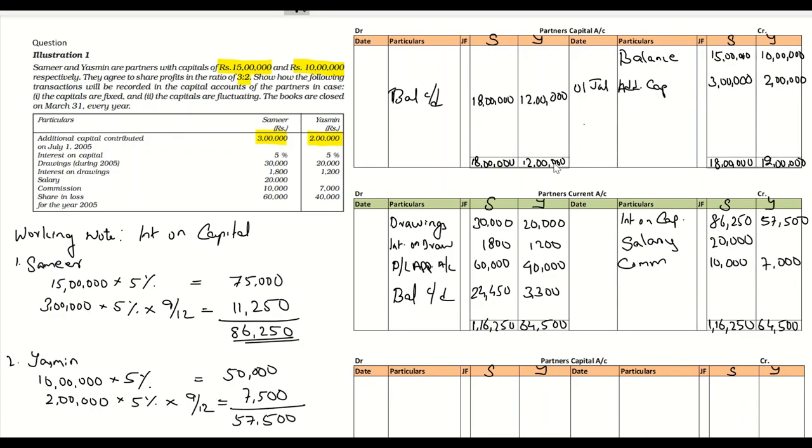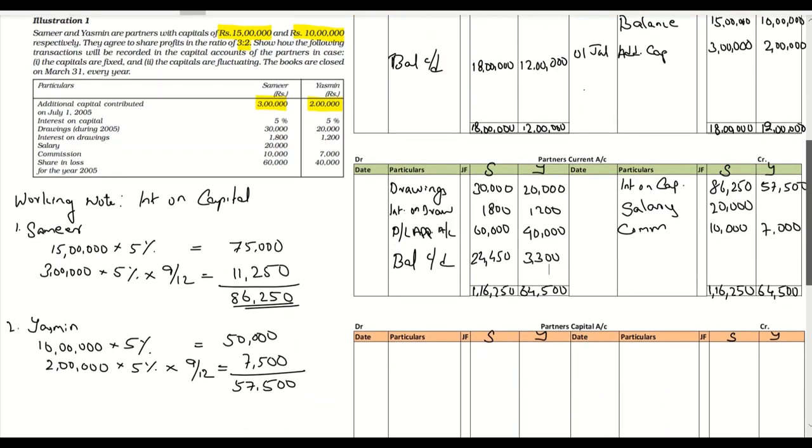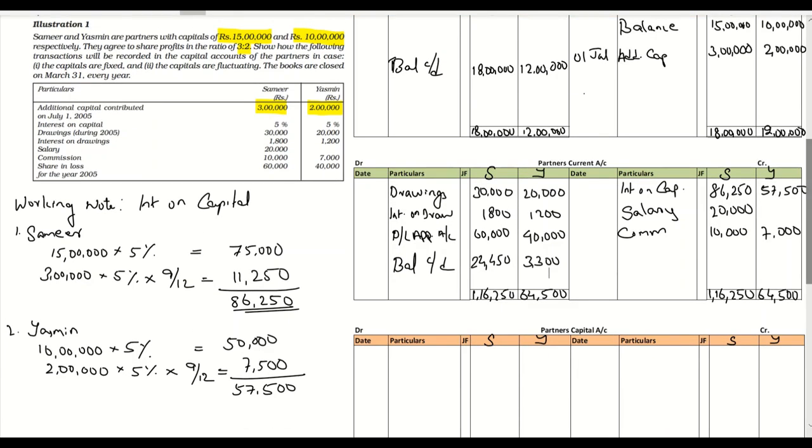Now we got partner's capital account and partner's current account balances when we do capital account on a fixed capital method. Now let's see if we are doing it on a fluctuating capital method, how it will be. Okay, so it's easy, since we have already done the fluctuating capital method.